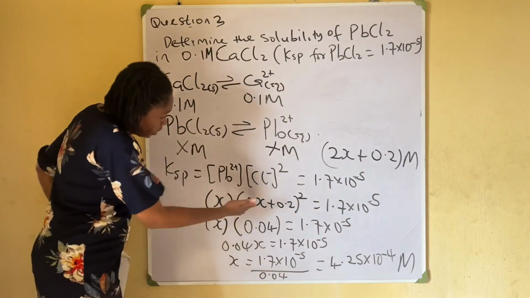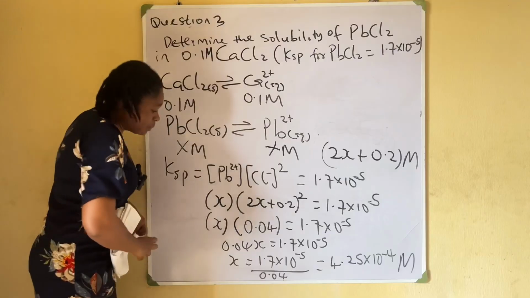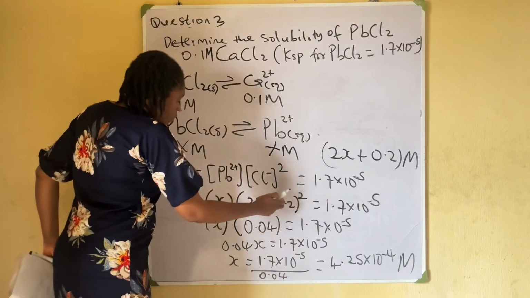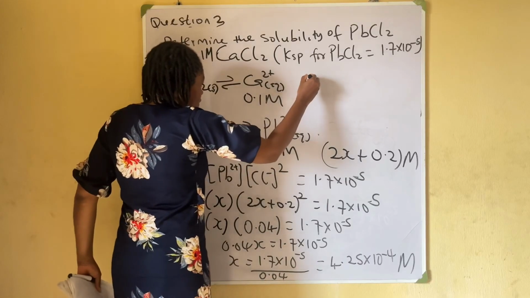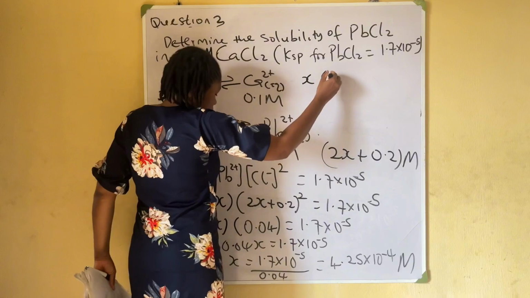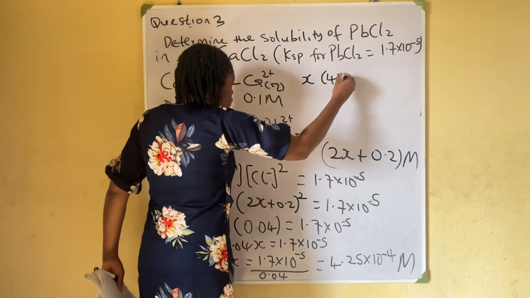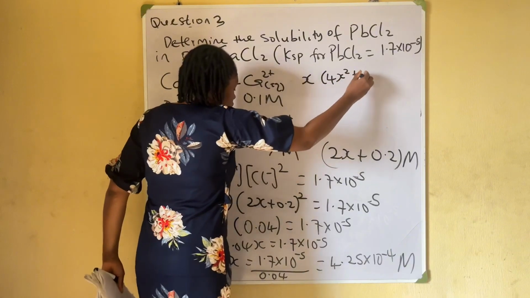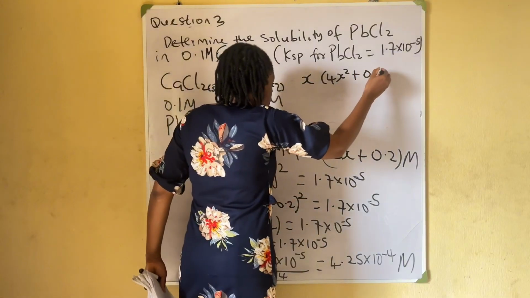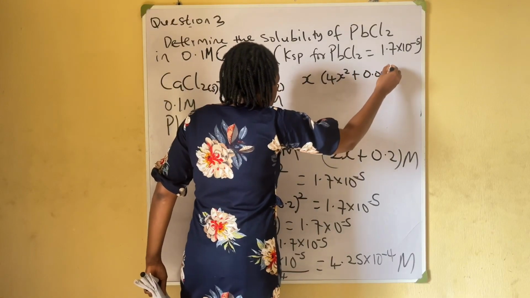If you want to expand this, for example, S times 2S squared is 4S squared, plus 0.2 squared is 0.04.